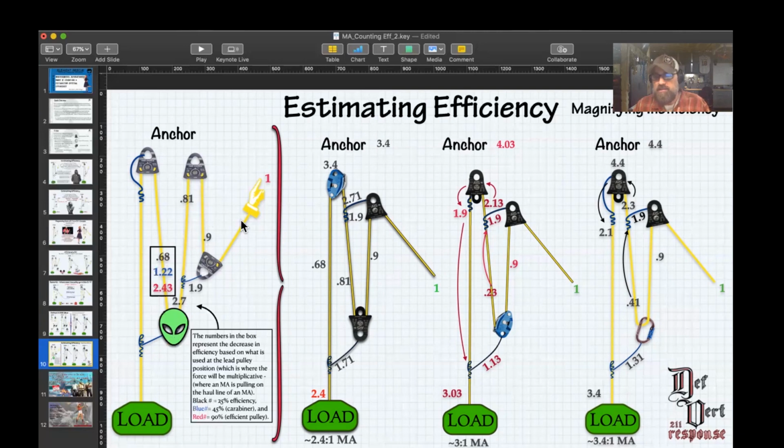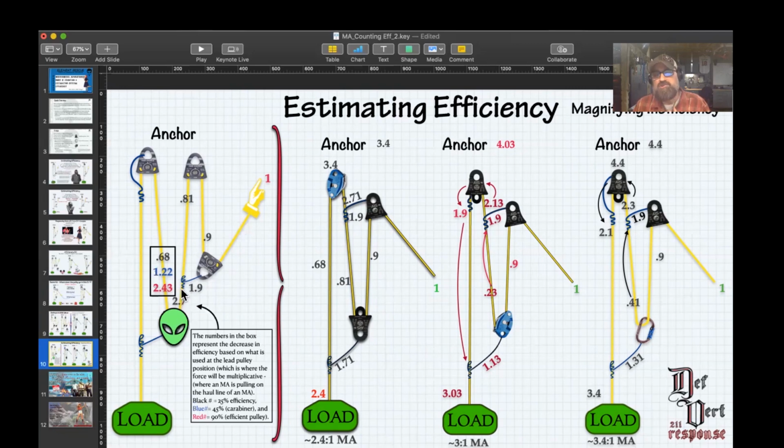So what do we do in those cases? We multiply them. That is the multiplicative nonlinearity of a compound mechanical advantage. It is no longer additive like it is in a simple mechanical advantage. So having efficiency, think about this. This point right here is really critical to have something efficient in.